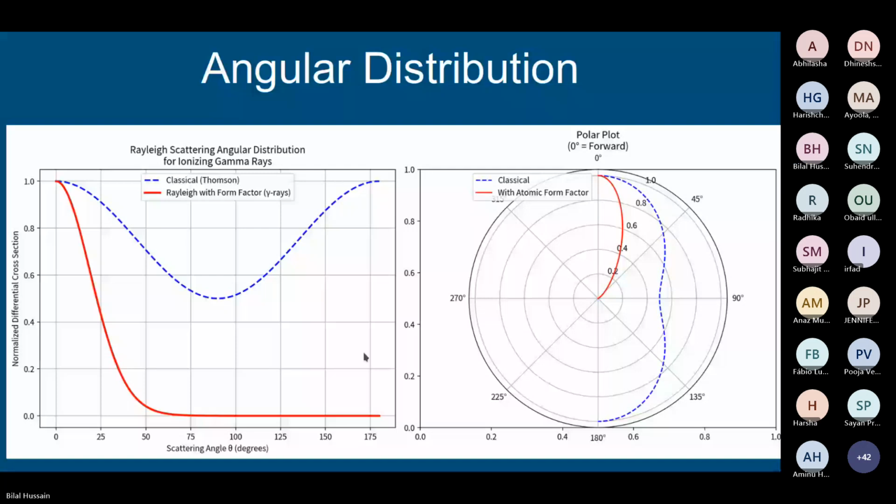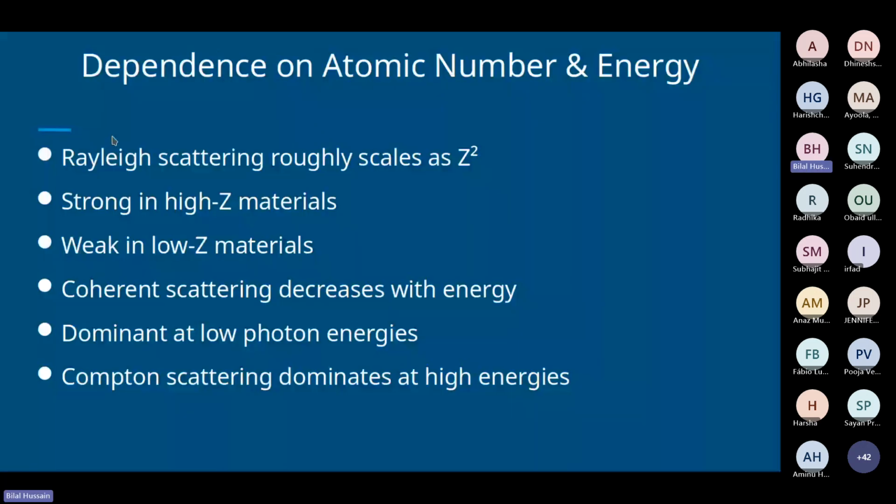We can see that. So the dependence on atomic number, of course, there is a dependence on atomic number because that's what we saw, that there's an FQ value. Dependence on atomic number is already there. Rayleigh scattering roughly scales as Z squared. It is found to be strong in high Z materials. For higher atomic number material, Rayleigh scattering is very high.